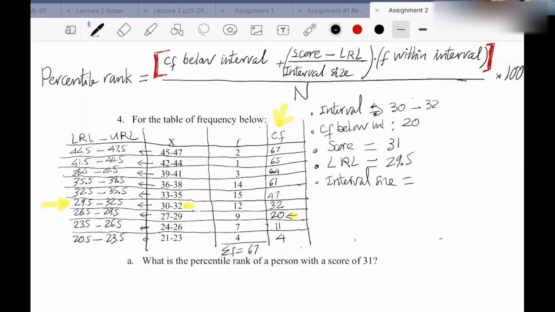All right, who has a different answer? Remember that the interval size is the upper real limit minus the lower real limit. So if you calculate it, what is the answer, everyone? If you take the upper one, which is 32.5, you have to look at the limits, everyone, minus the 29.5.